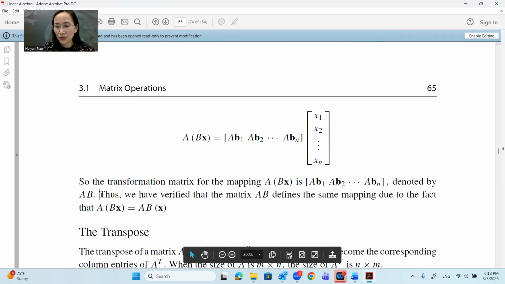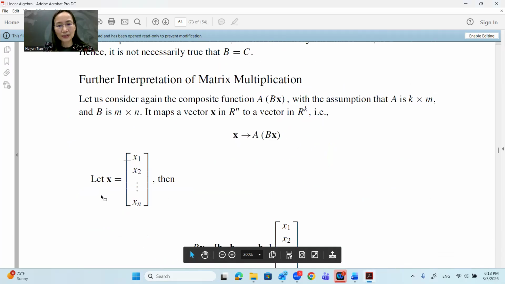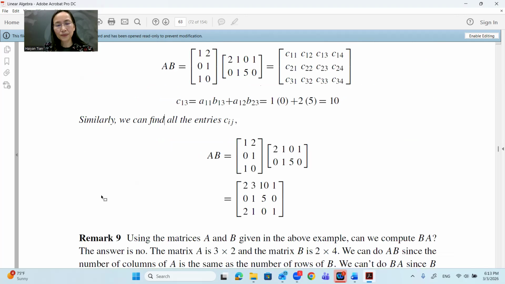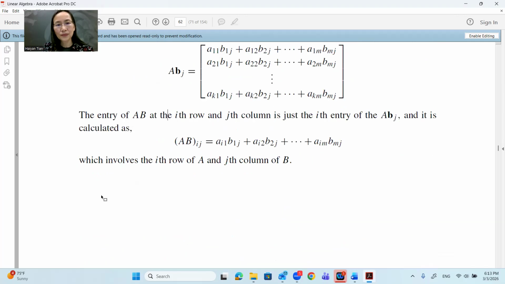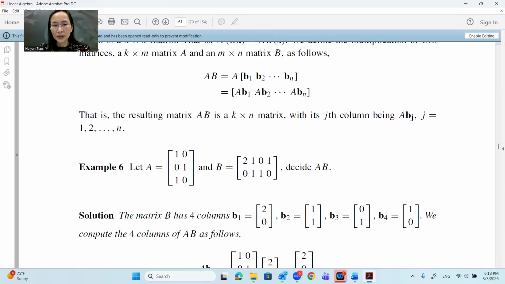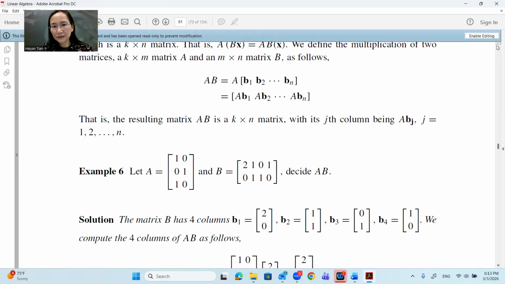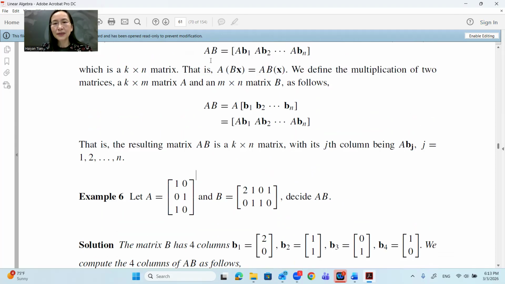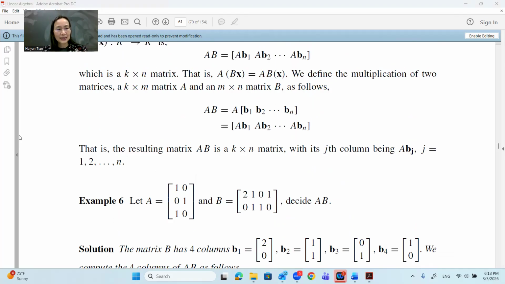Let's just go ahead and look at one problem. So we have arrived at this formula, using that reasoning, from the transformation point of view. This is the transformation matrix for that composite transformation.